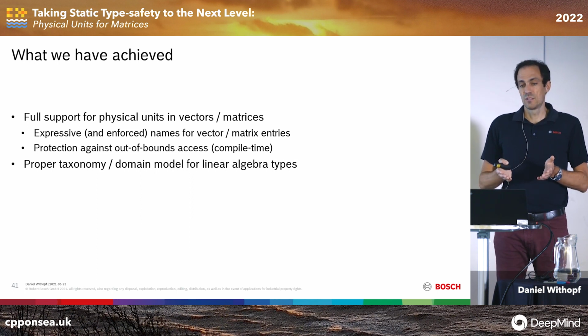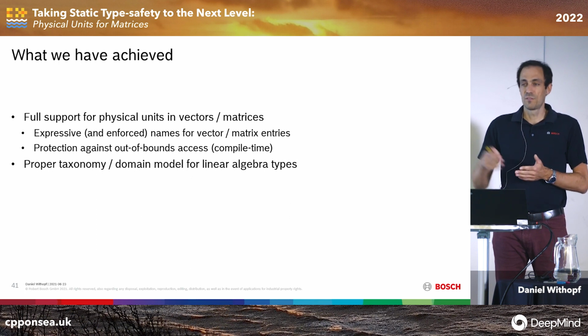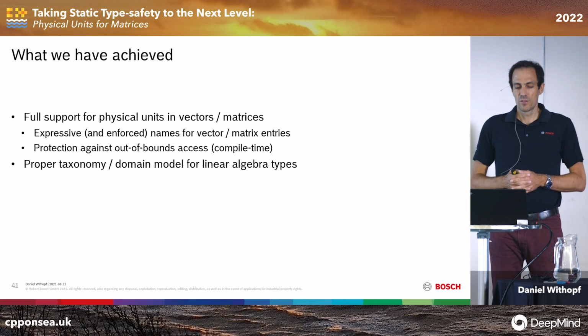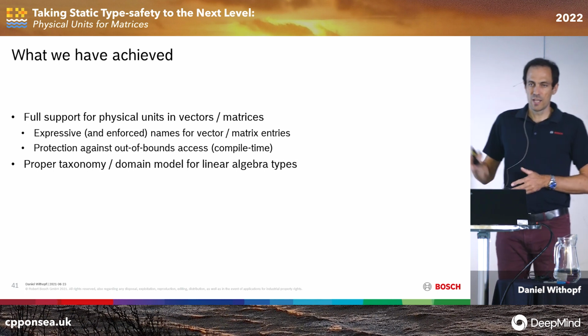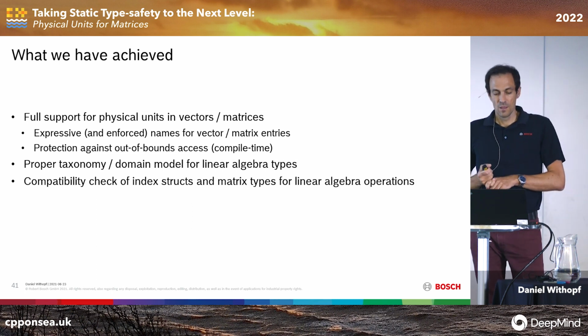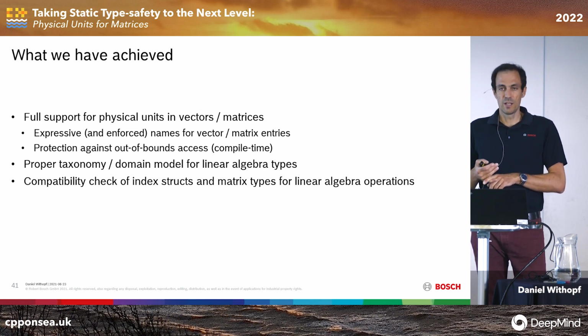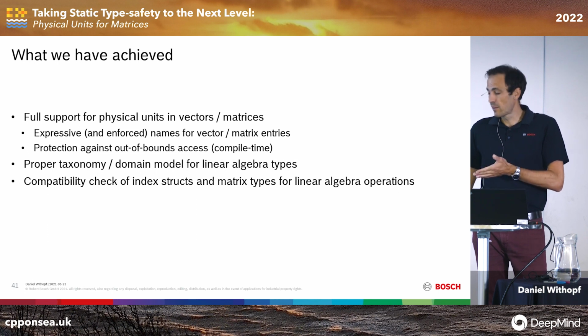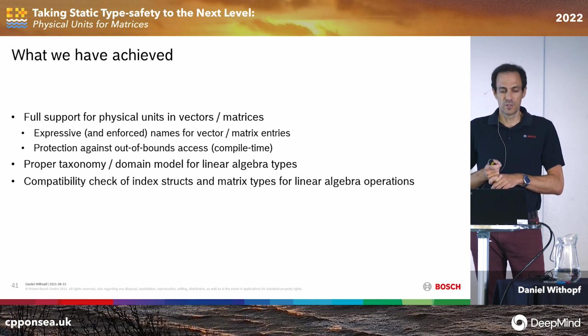If you have good documentation, it's documented somewhere, but it's not explicitly part of the type, and you either know it or have to find it in the documentation. So I think it's much better if we actually annotate it in the type system and then can also do checks based on that. Furthermore, we've also achieved compatibility checks for all the index structs and matrix types for our linear algebra operations. And I explained that this is a much stronger condition than just a physical units check.